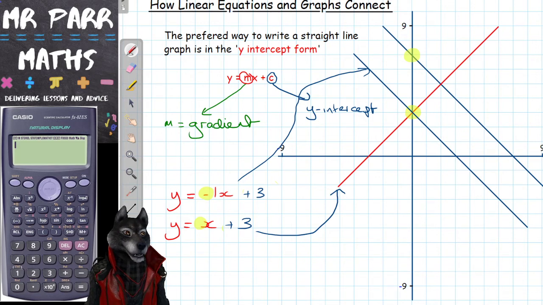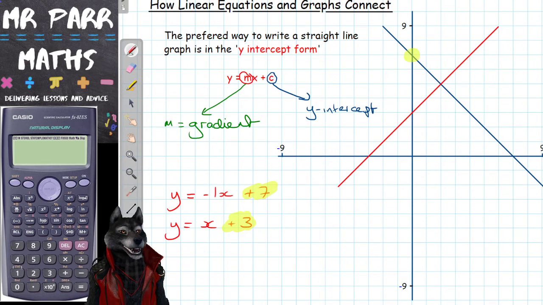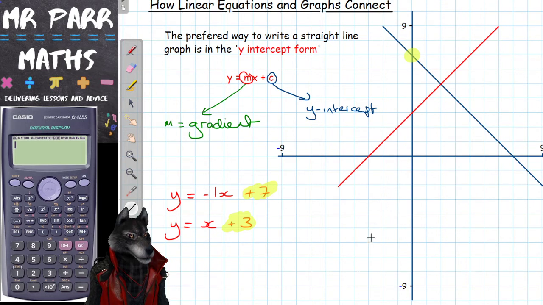But, again, let's try something else. What if, this time however, they're both positive gradients? So what if, I'm going to do another one up here, bring it through there.